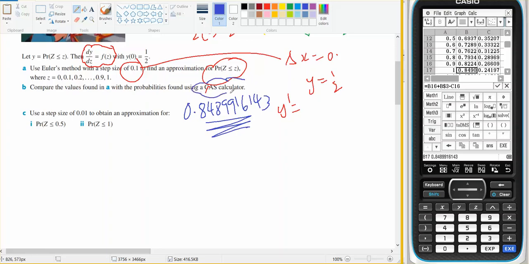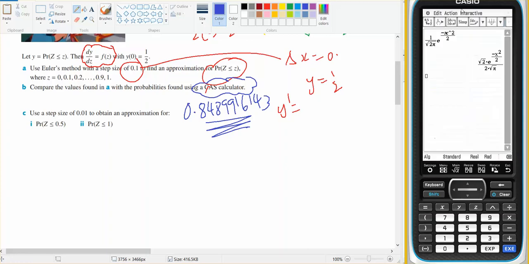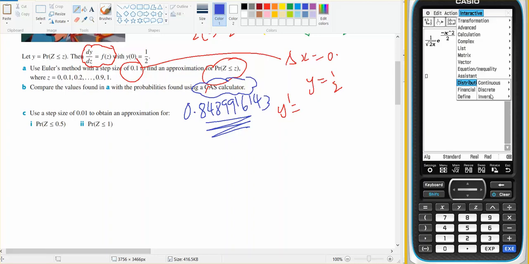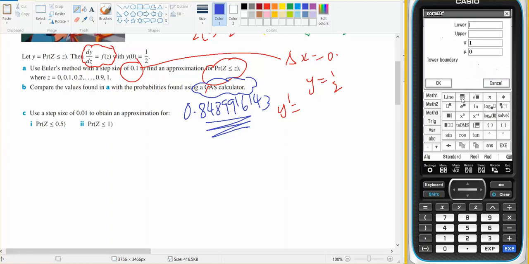Use the CAS calculator. Again, you don't know how to do this, but I'll show you. So if I go to Menu, Main, Interactive, Distribution, Continuous, Normal CDF, lower is negative infinity, upper is 1.